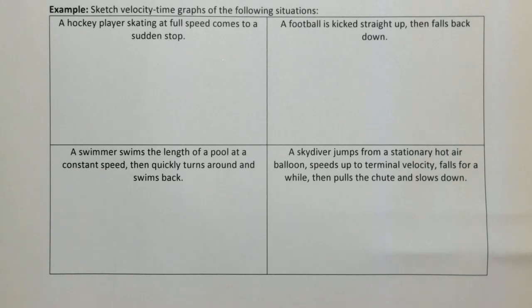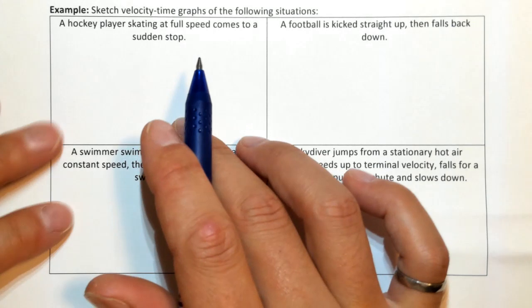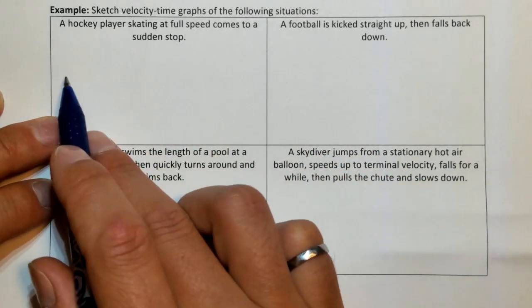The best advice I feel like I can give students when it comes to graphs like this is you're not trying to do a picture of what's happening, and you're not trying to trace out the path the object takes. A lot of times people say, I want to do a graph of a skater skating and then coming to a stop.